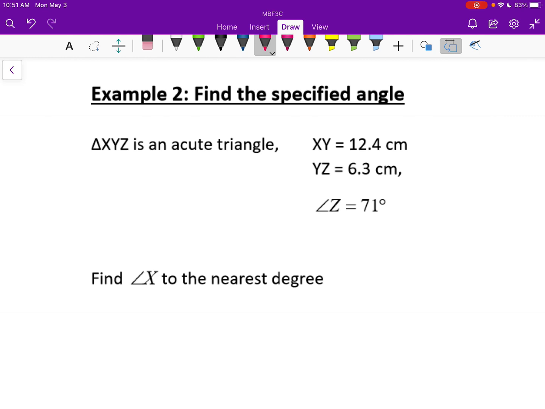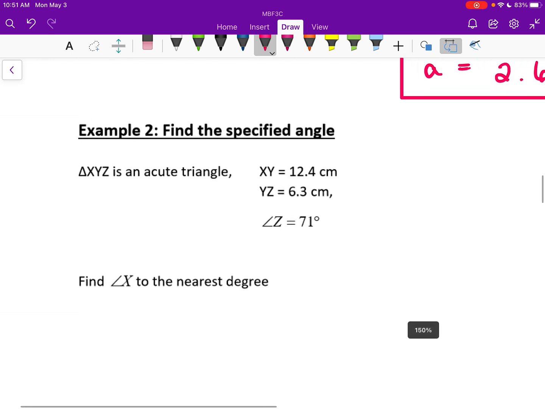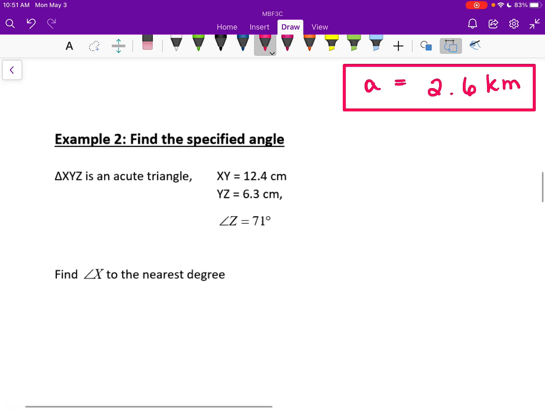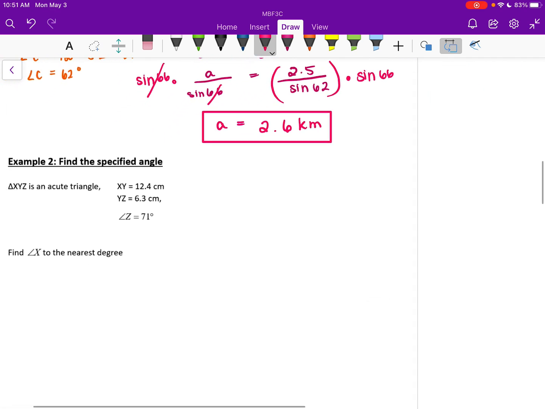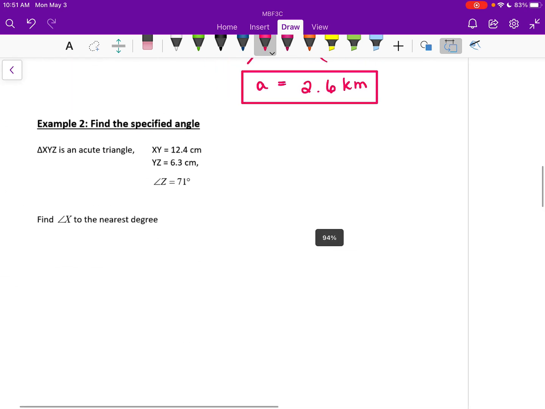Okay, let's find the specific angle in this situation. If we're finding a specific angle, we just put the angle at the top, right? So let's look at what we have here. We have an acute triangle, so I'm just going to draw this triangle in.